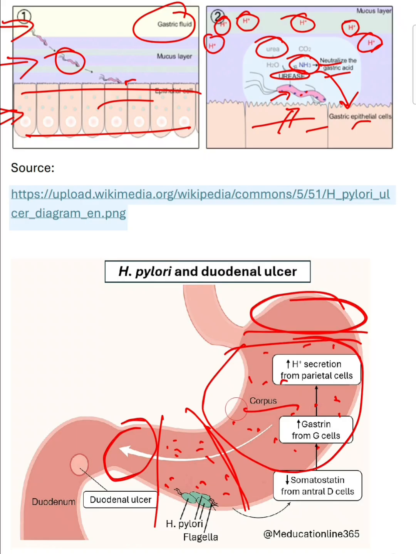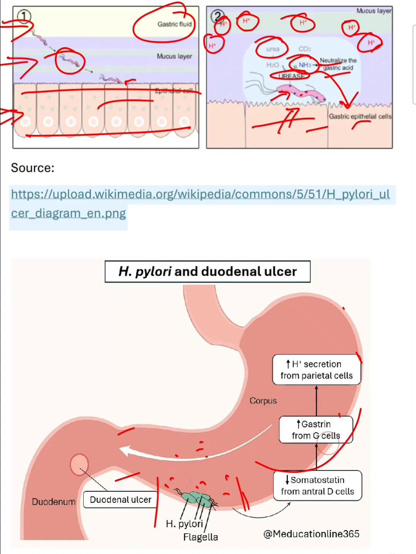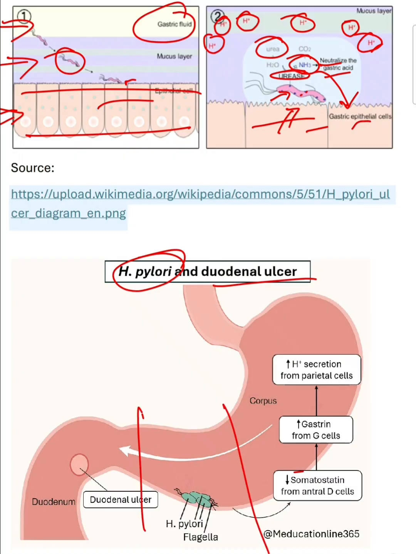So if we just briefly recap what we said, especially regarding how Helicobacter pylori causes duodenal ulcer, as I mentioned, the antral region is predominantly affected by the Helicobacter pylori.